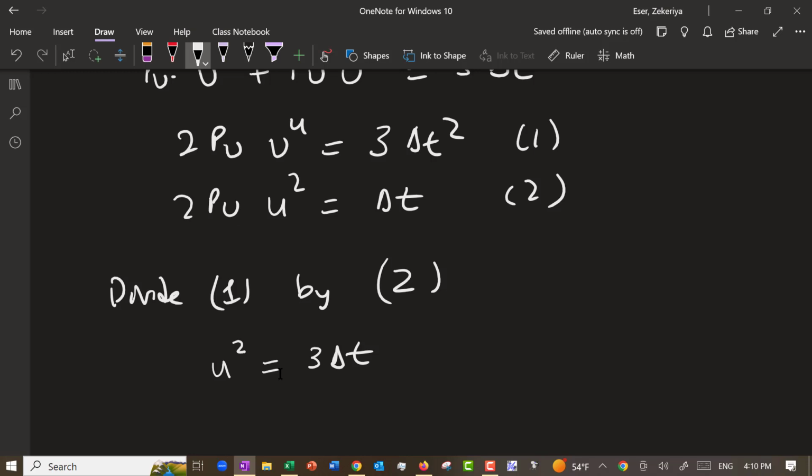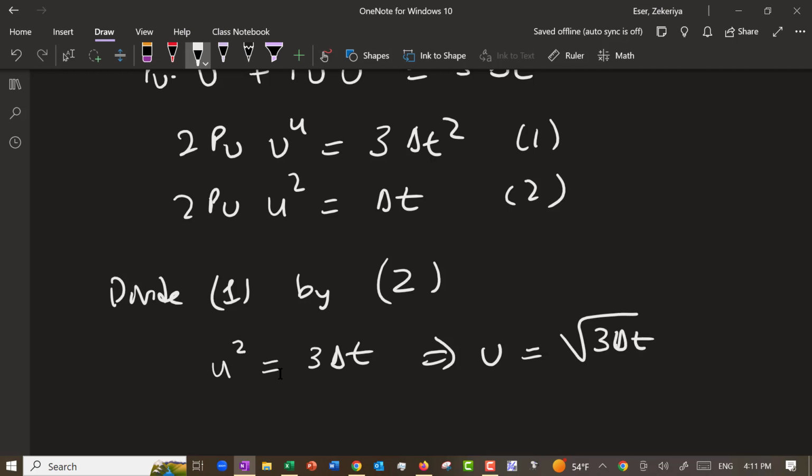Since the 2 sides are equal, I'm dividing the left-hand side by the left-hand side of the second equation, right-hand side by the right-hand side of the second equation. Hence, u must be the square root of that.